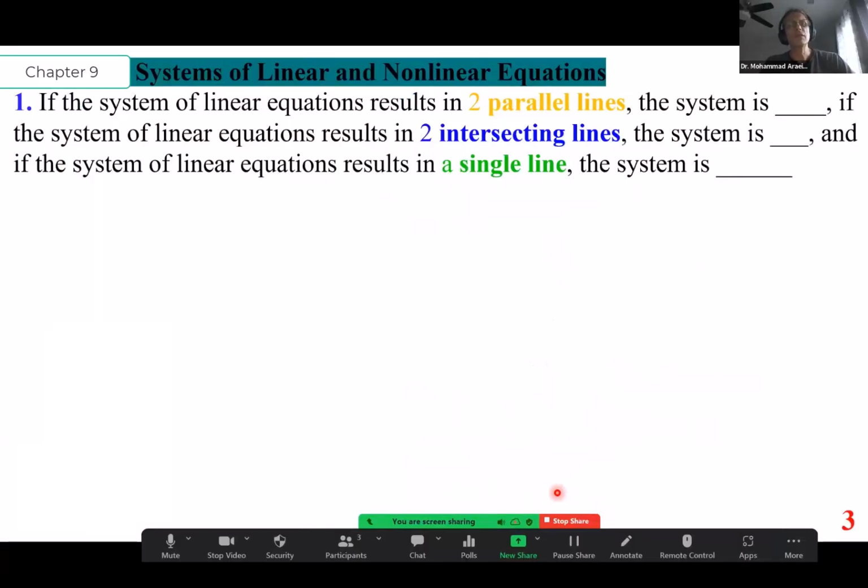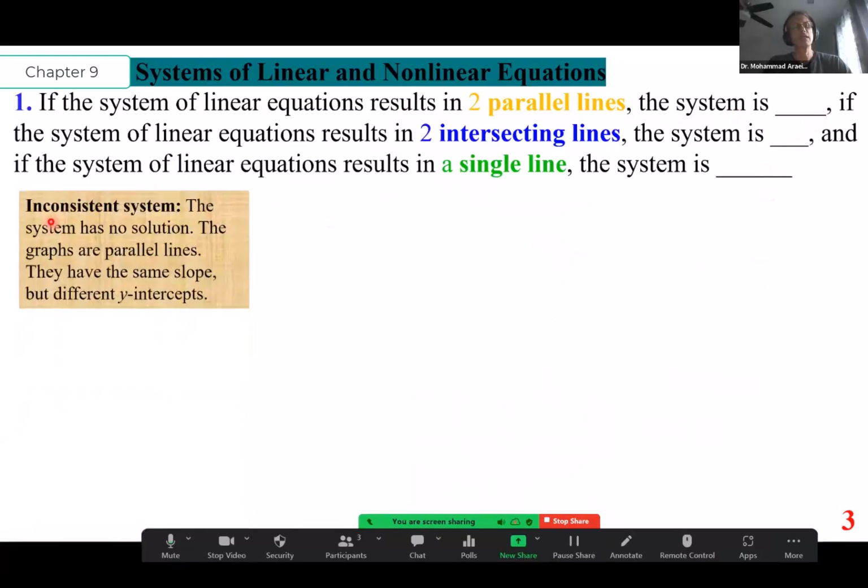If the system of linear equations results in two parallel lines, the system is an inconsistent system. The system has no solution. The graphs are parallel lines. They have the same slope, but different y-intercepts.